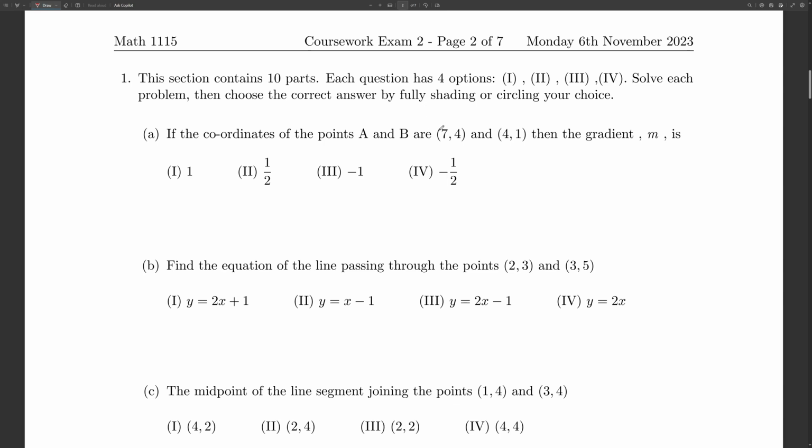So if I take x1, M is equal to x2 minus x1 over 7 minus 4. This will give me 4 minus 1 is 3, and 7 minus 4 is also 3, and 3 divided by 3 is 1. So therefore my answer for this is A.